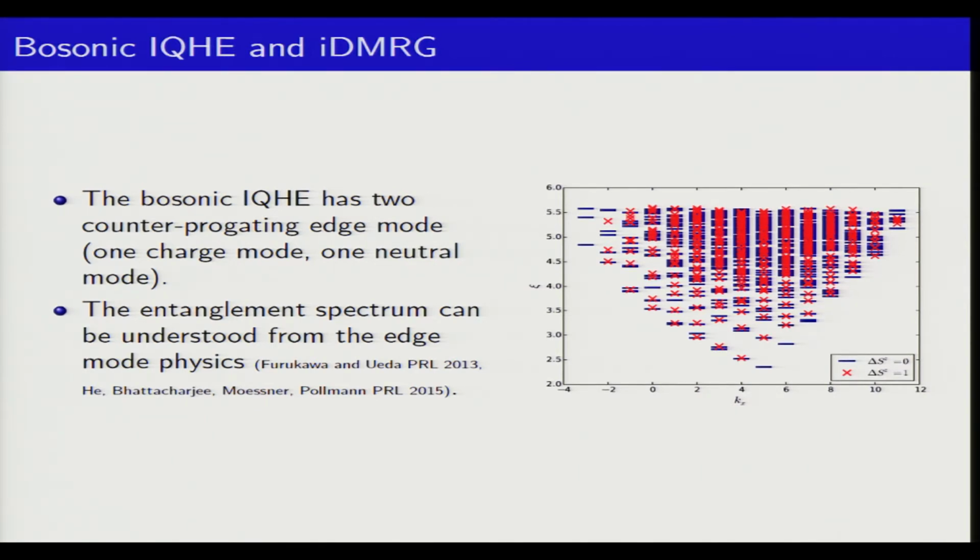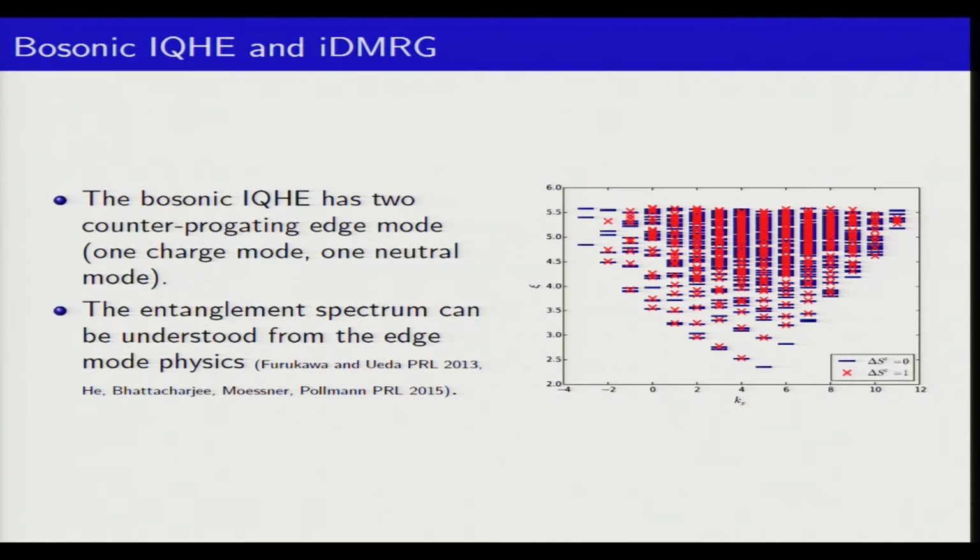But if you look at thermal conductance, where both will contribute, you get 0. And if you look at the entanglement spectrum, basically you have here one of the propagating edge modes, another one here, and then to get the full spectrum, you have to combine these two modes. So that's why you get this V-shaped structure with all the levels here. And really, you can just count how many states you have per momentum sector and check that it matches the picture of these two propagating edge modes.